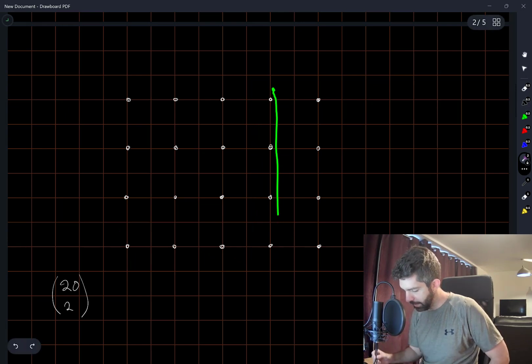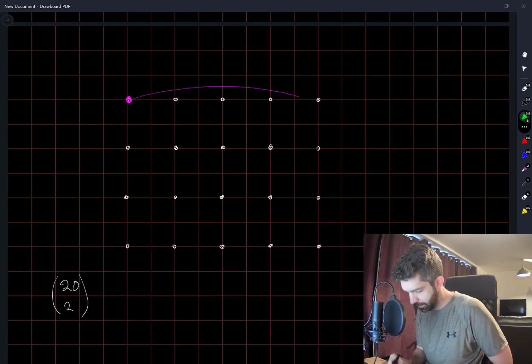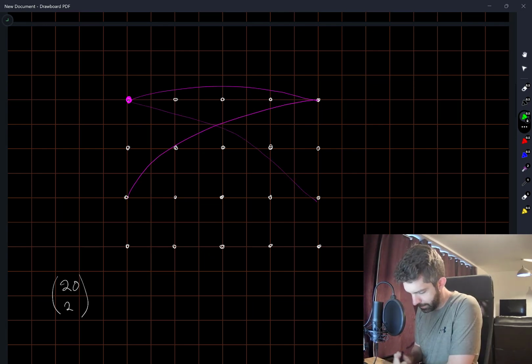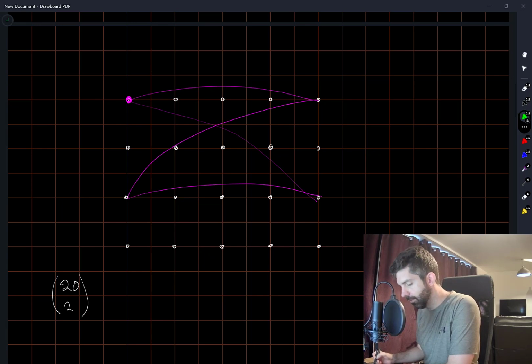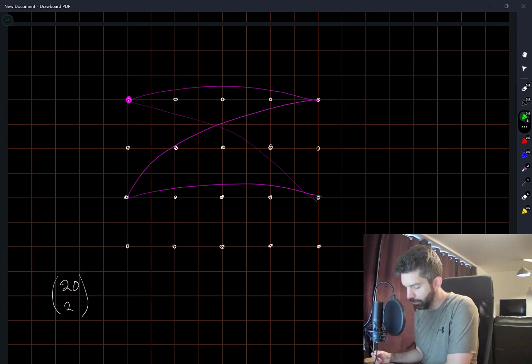So we need to look at points that are a sup norm of 4 away. And so that'll be this one. This one will work. And I can also do this. And now if I want to think about how many ways I can repeat this diagram, it's this one, or I can shift it down by 1. And those will all work.